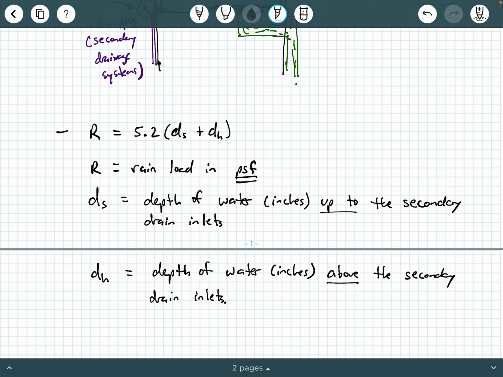Sometimes DS is called the static depth, and DH is sometimes called the hydraulic depth. Okay, so these are depth values, literal depth values of rainwater in inches.